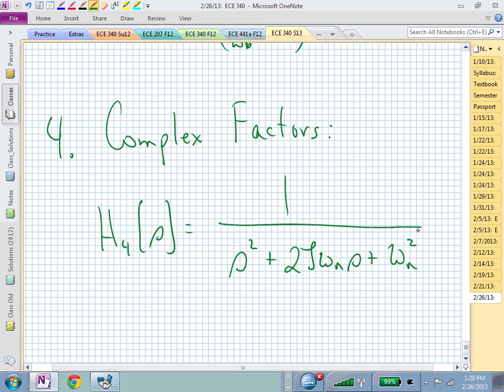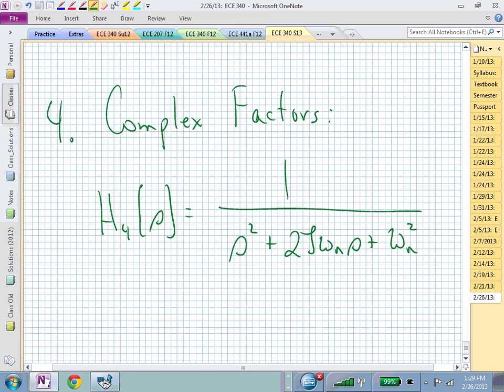And now we're just introducing some new notation so you can go home and impress your friends. When you're eating dinner tonight, you can just start saying, here's a complex factor. Let me show you where that is in the complex plane. It's a function of zeta and omega sub n. Omega sub n is the natural frequency, and that's actually the distance those poles are from the origin.